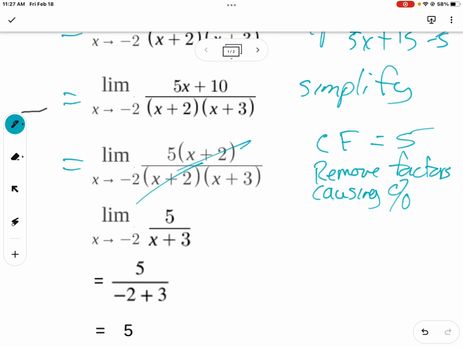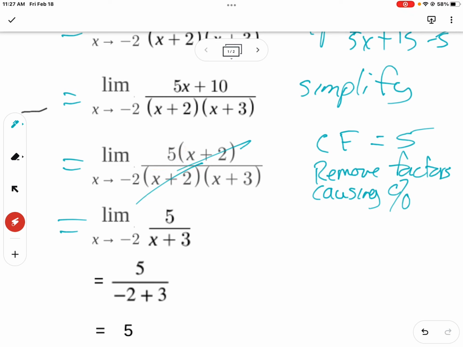Because they divide out to 1, this is the last time I'll write the limit statement, because after this it doesn't have to be a limit anymore. Why not? I could only get close to negative 2 before, because if I got right to negative 2, I'd get 0 over 0.